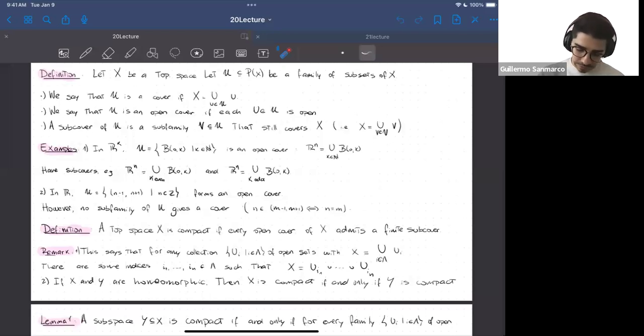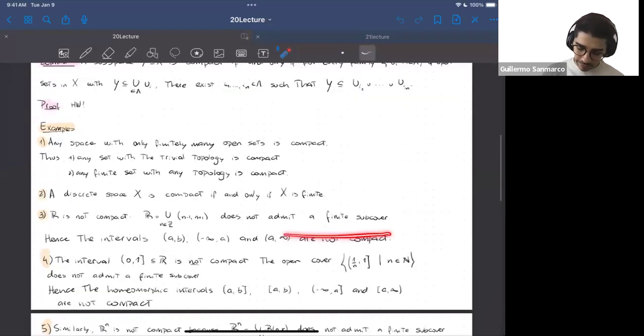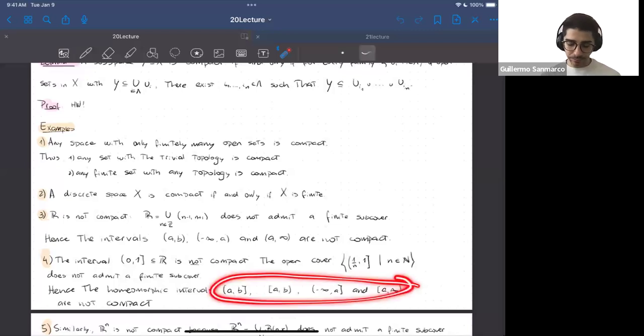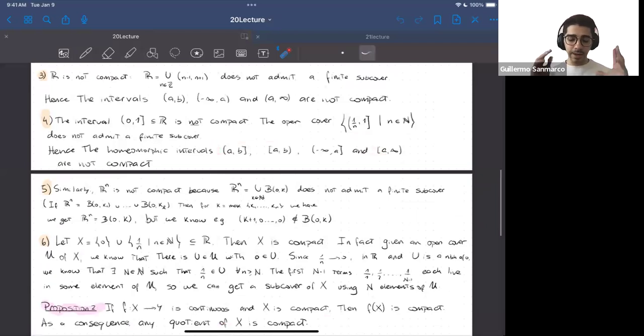So these guys are never compact. These guys are also not compact. And I promise you that at some point you'll prove that the closed interval [a,b] is compact. That will not happen today. We're still going to assume it. We're going to prove that next time.